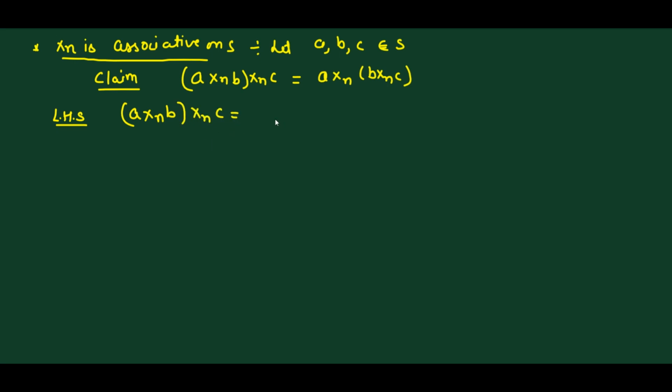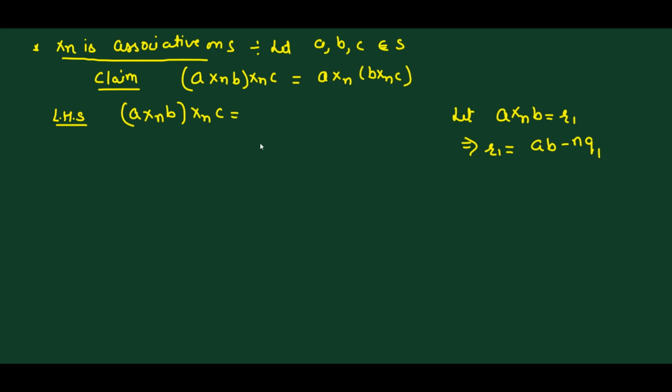So let us assume that this is R1. This means R1 is the remainder when AB is divided by N. Let Q1 be the quotient, then R1 is AB minus NQ1.